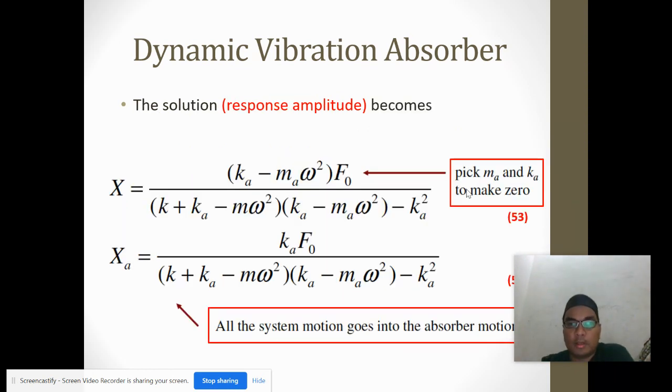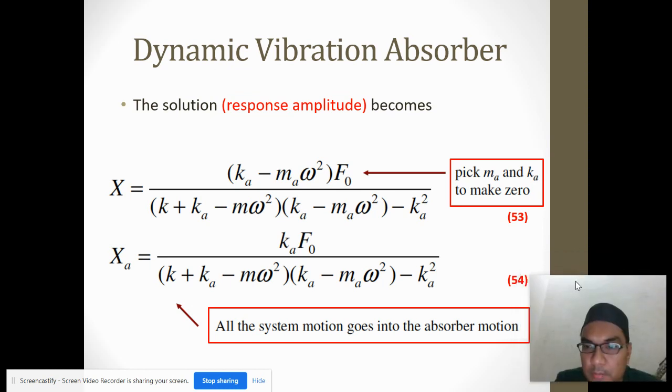This is the most important part I want to highlight. The solution response will be in terms of these two: this is basically the amplitude of the primary system, and XA is the amplitude of the DVA.